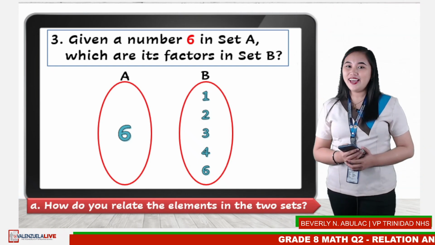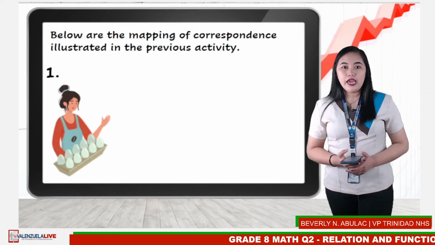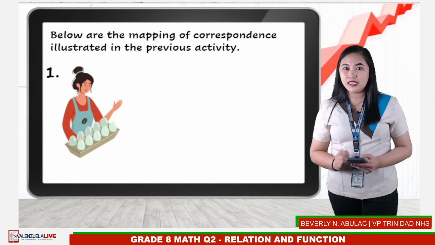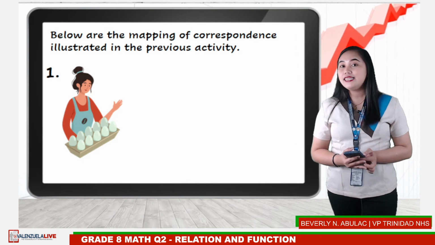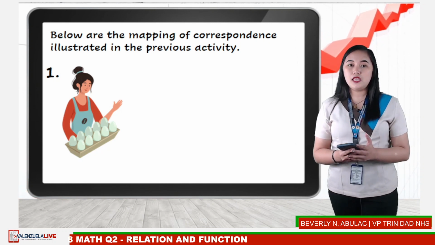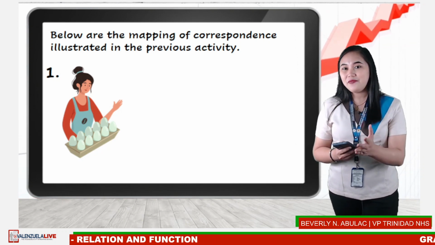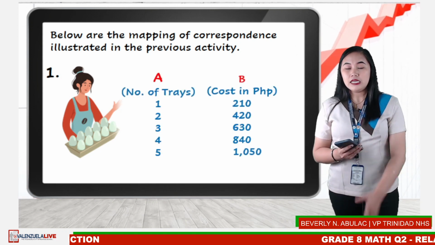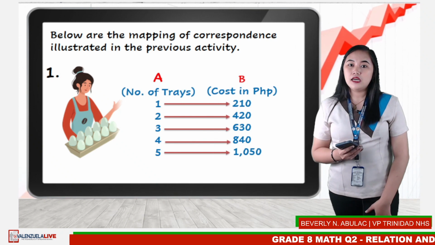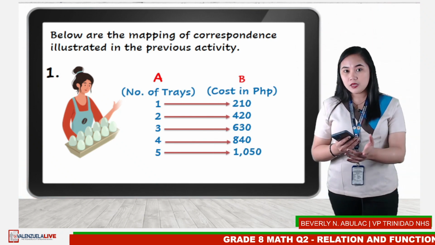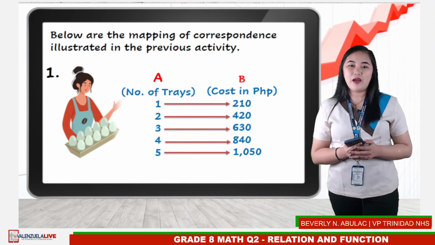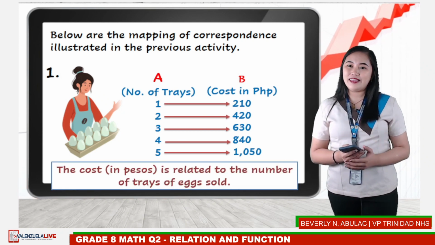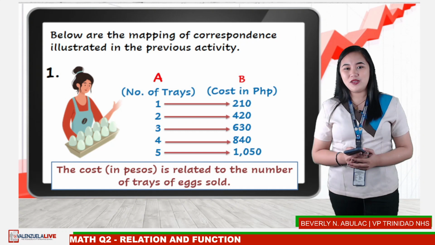Alright, let's check. In the previous activity, you were asked to connect the elements in set A to their related elements in set B. These are called the mapping of elements or quantities. In mappings, the arrows that connect elements of the two sets are said to be the correspondence of the elements. Below are the mappings of the correspondence illustrated in the previous activity.